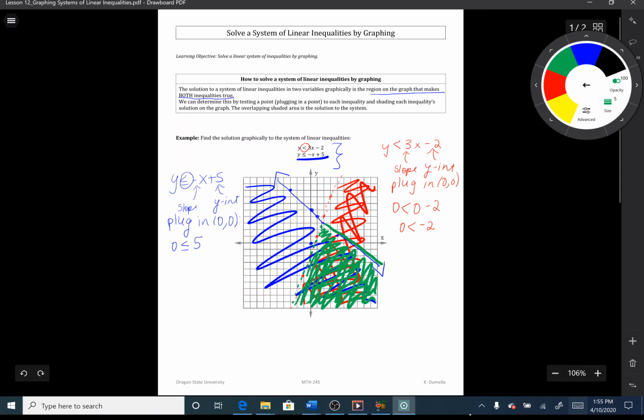So this is how we solve systems of linear inequalities by graphing. We graph the first one, see which side of it makes the inequality true. We graph the second one, see which side of it makes that inequality true, and then we find their overlap. And that overlap is what makes this system true. So all of these numbers in this green shaded region make this system of linear inequalities true. They are our solutions.